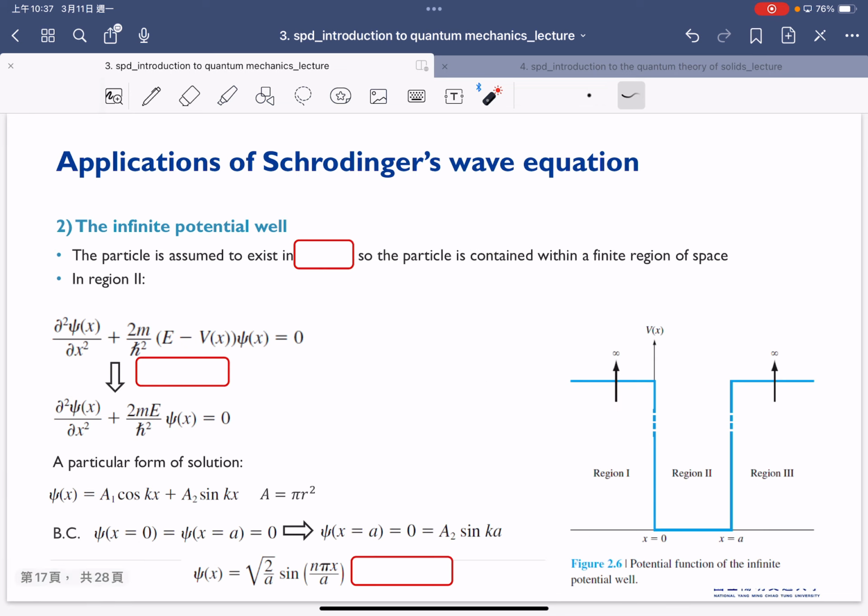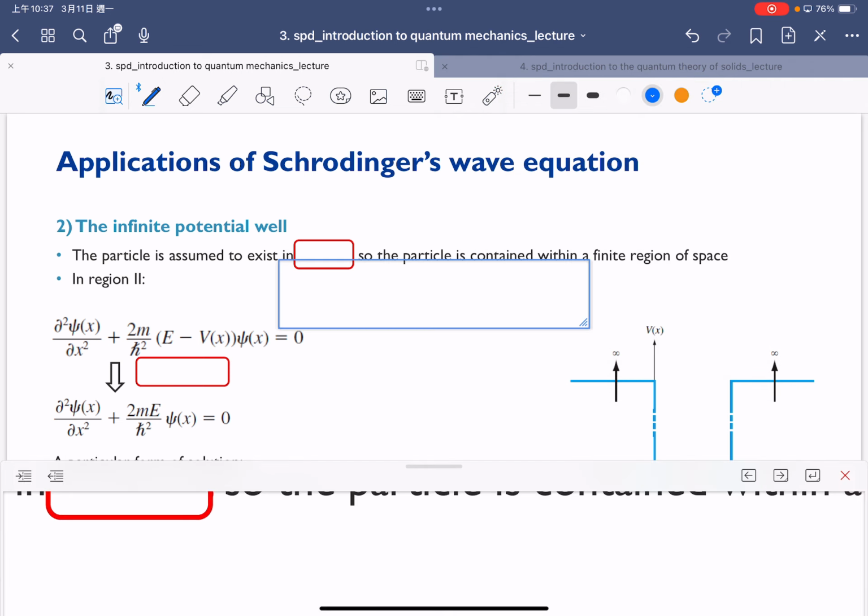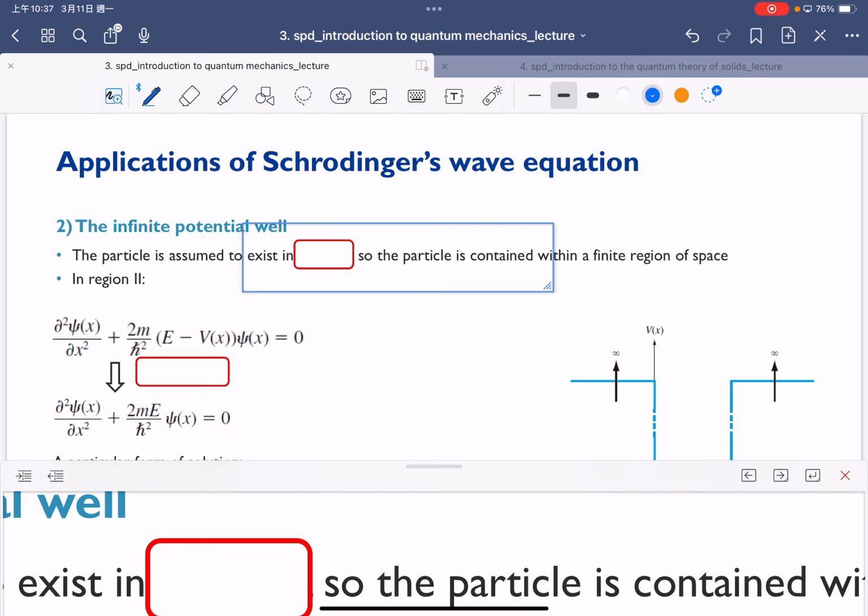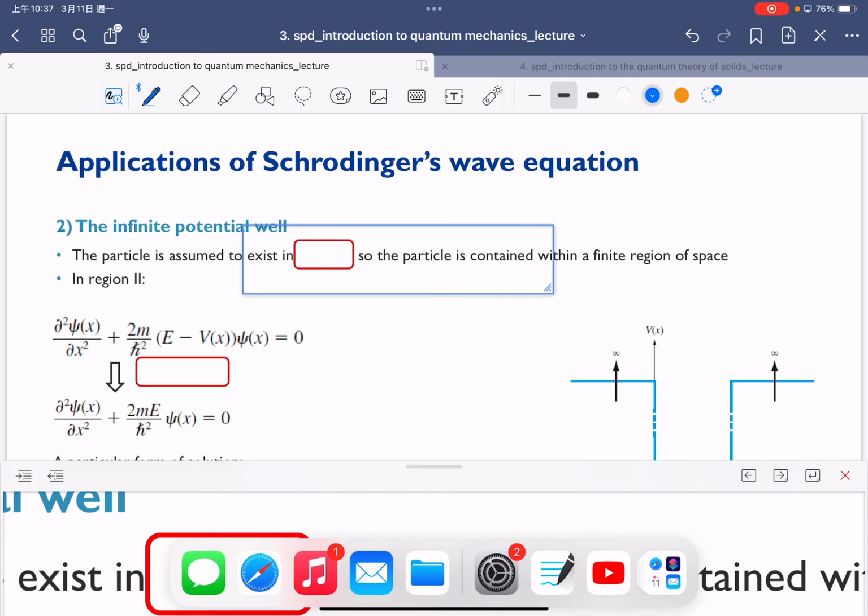So that's the first case. And the second one, we are curious about the electrons' behaviors in the infinite potential well. So now the particle is assumed to exist in region 2.